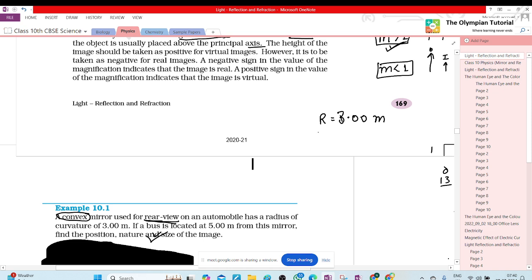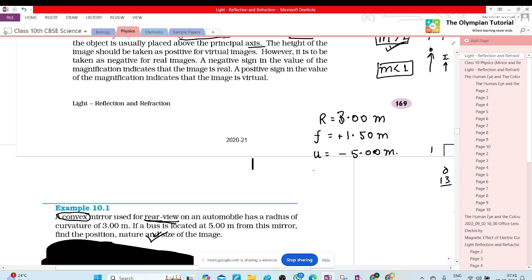Then its focal length will become 1.5, and the focal length of a convex mirror will be positive. Very good, because it is towards the right side. U is minus 5 meters, and we have to calculate the position, nature, and size of the image.